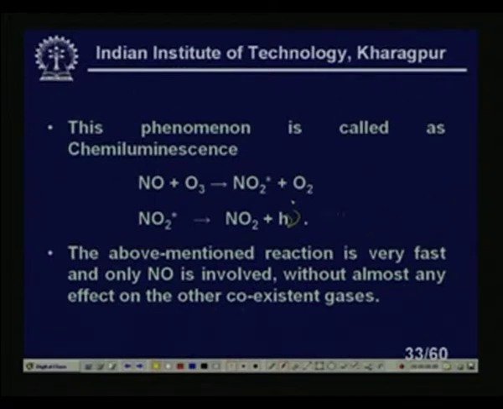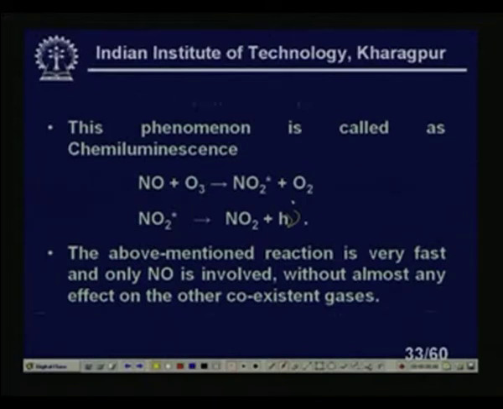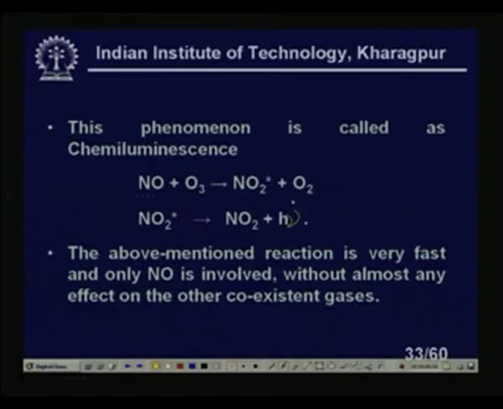The above mentioned reaction is very fast and only NO is involved, almost without any effect of the other coexistent gases. You should remember this, because it does not react with the other gases, so the concentration of other gases cannot be detected by this type of method. So the phenomenon is called chemiluminescence. Nitrogen oxide reacts with ozone, making nitrogen dioxide in the excited state, which goes back to the normal nitrogen dioxide state, liberating light.